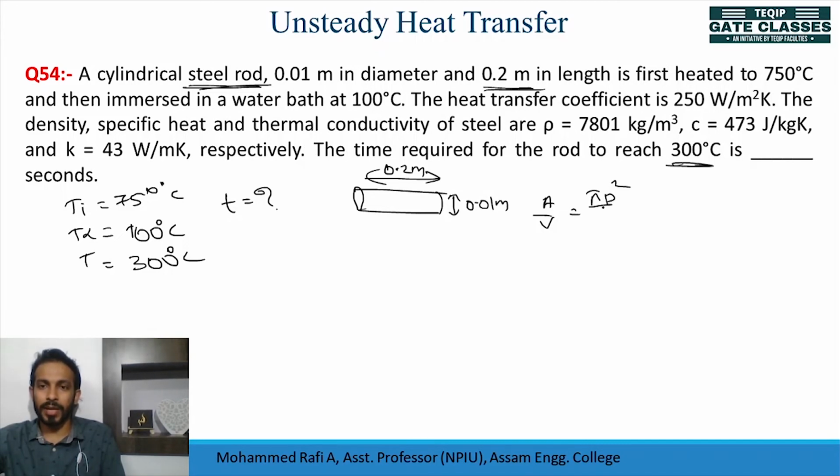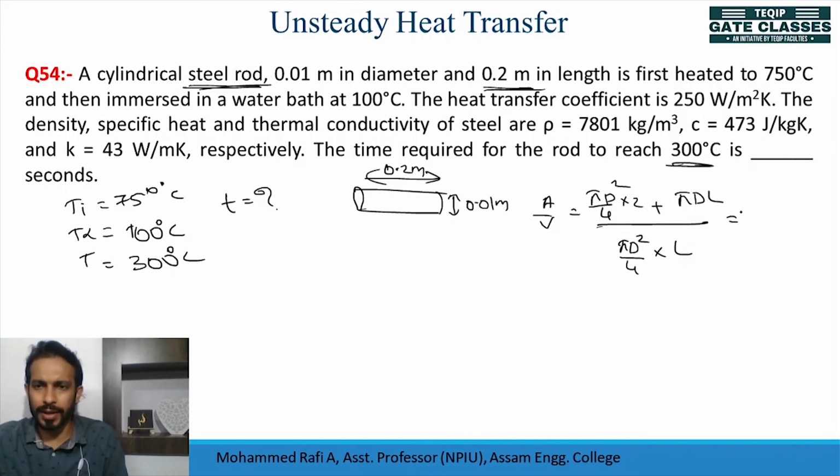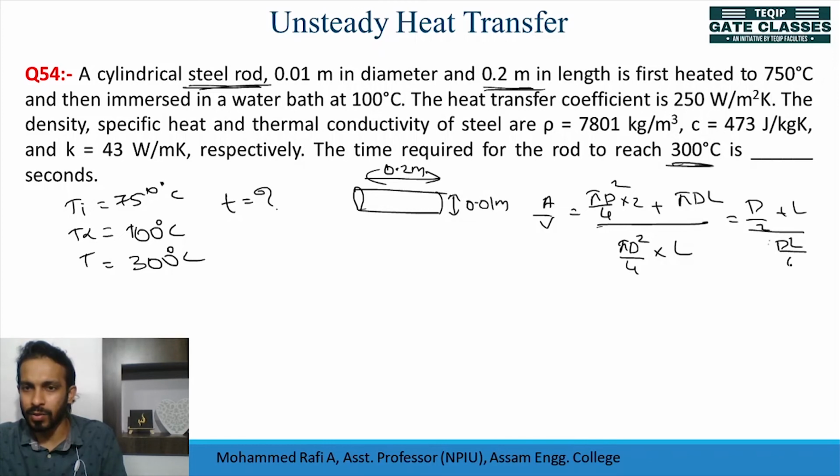So it will be pi d square by 4 into 2 plus pi d into L, divided by the volume, pi d square by 4 into L. Pi d gets cancelled everywhere, so we get d by 2 plus L divided by d L by 4.